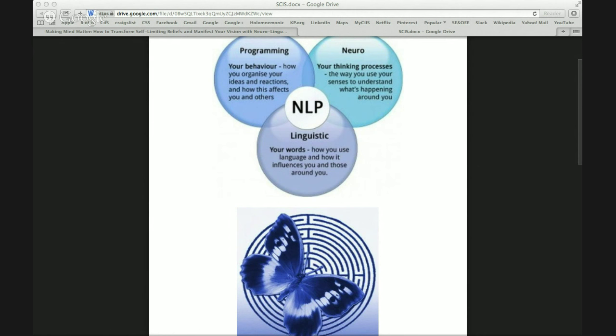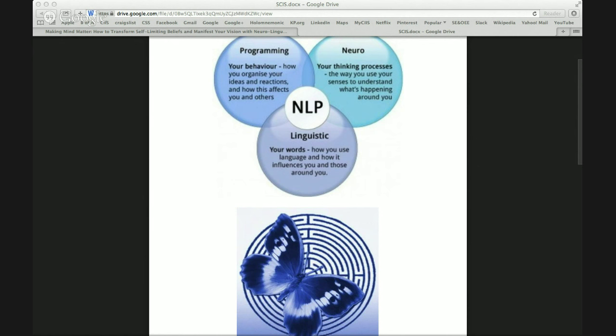And programming is about behavior, how we organize our ideas and reactions, and how this affects us and those around us. So programming, in other words, how our mind, how our language, and how our actions are interconnected, and how we can, using our will and our inner wisdom, allow those things to work together as an organized, functioning system of support.